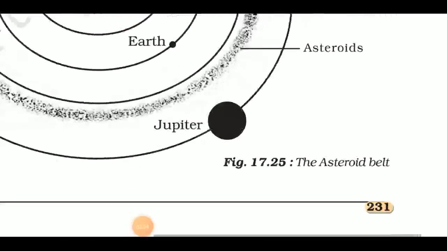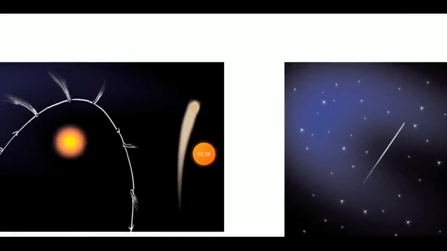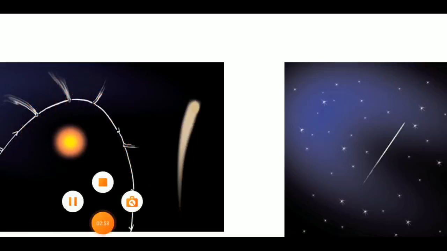As you can see here in this figure, this is a comet. The comet's tail is always away from the sun, as you can see here, and its orbit is like an elliptical one. Okay, and do you know what an ellipse is? I will show you the ellipse.